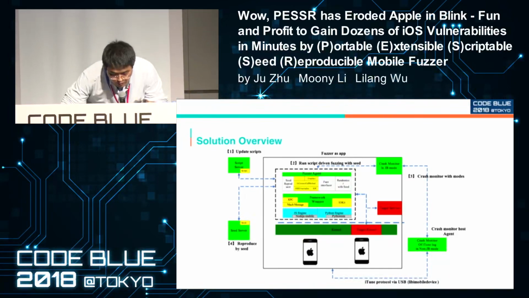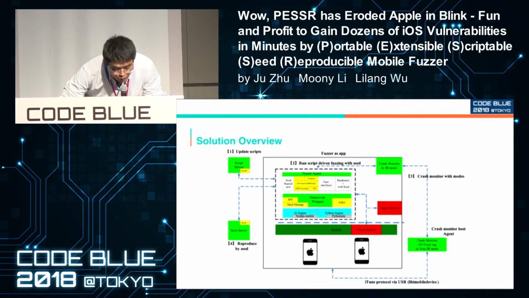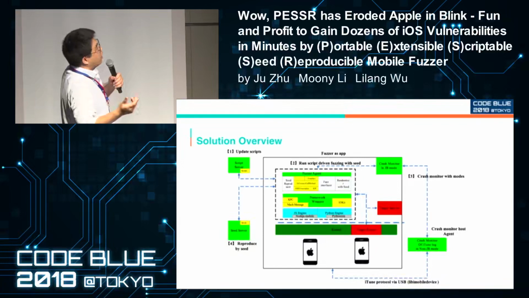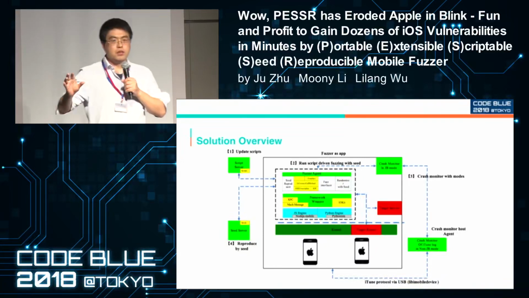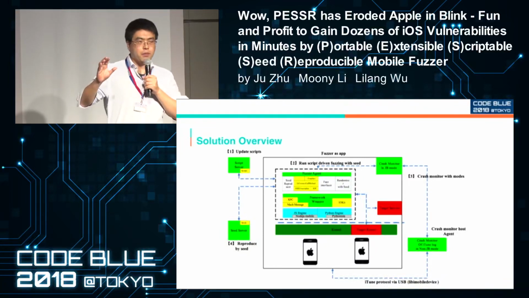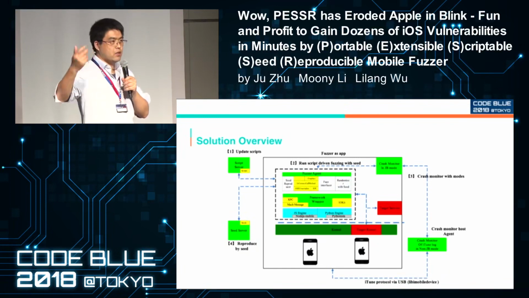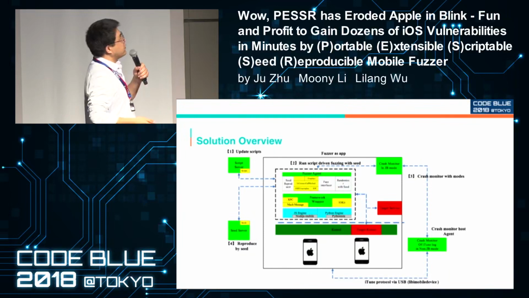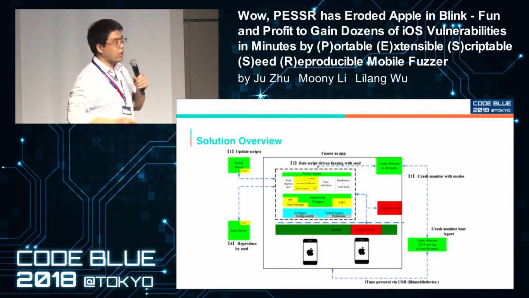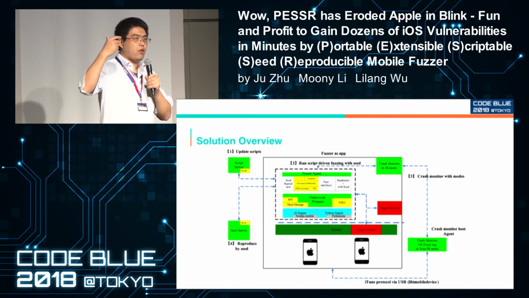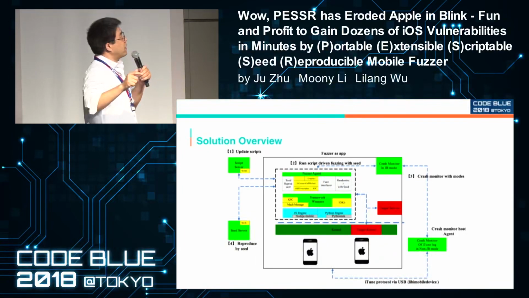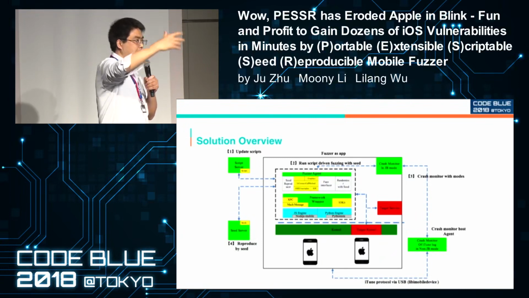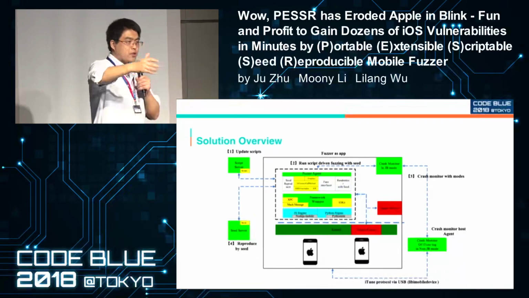And on the other side, we provide our script server. Because our fuzz agent is wrapped by Python or Node.js, like script languages, we can easily save our fuzzing strategy or fuzzing scenario in the format of script, and we can put all kinds of scenarios as scripts in the server.